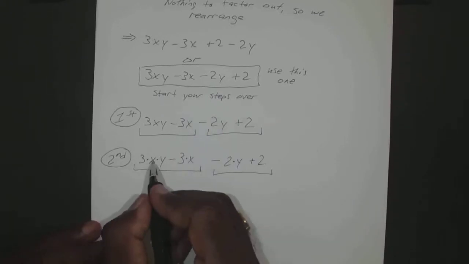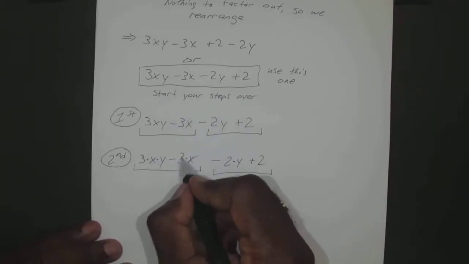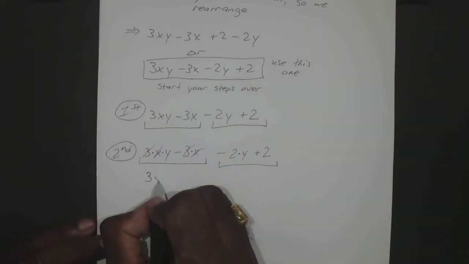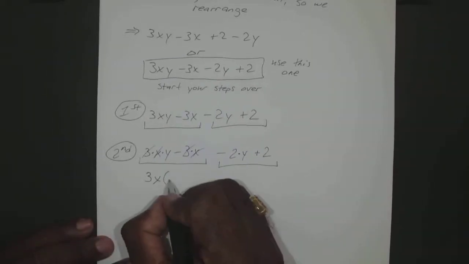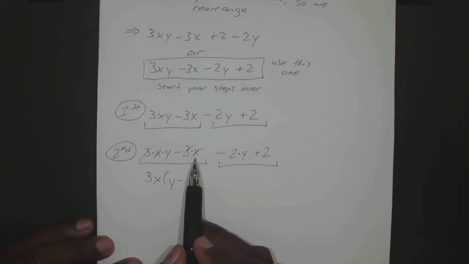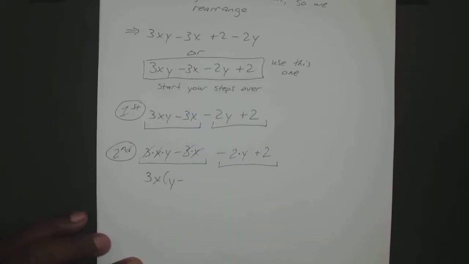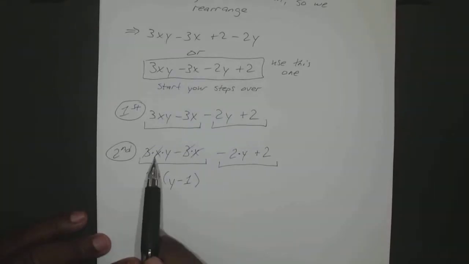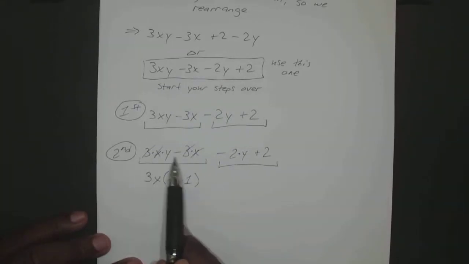Okay. So for this one, you can factor out an x and a 3 from both of those. And that leaves you with y minus, and as soon as you factor out everything there, remember, you just put a 1 in its place. And if you want to double check it, just distribute it, and you should end up right back where you started.